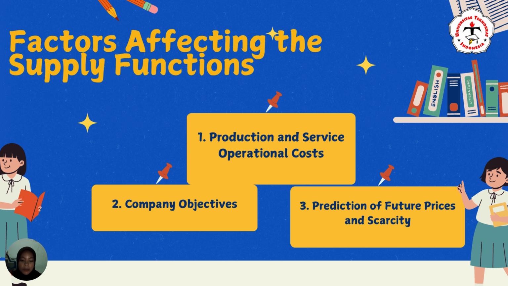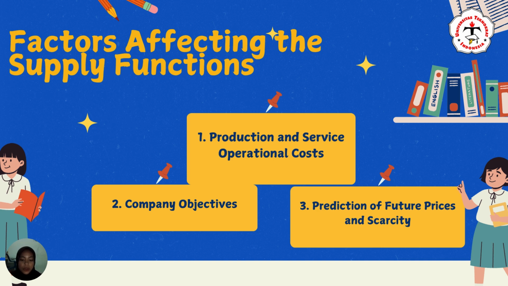Consumers prefer cheap prices. And finally, there is prediction of future price and scarcity. When there is a prediction that the selling price of a product will increase in the future, producers tend to increase production. The goal is that when price rises, producers can sell more at a higher price.